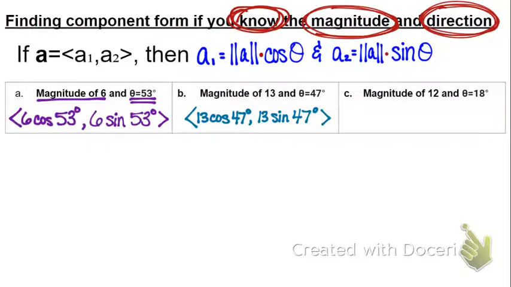Let's knock this last one out. How would I write part C in component form? Perfect. That's exactly correct.